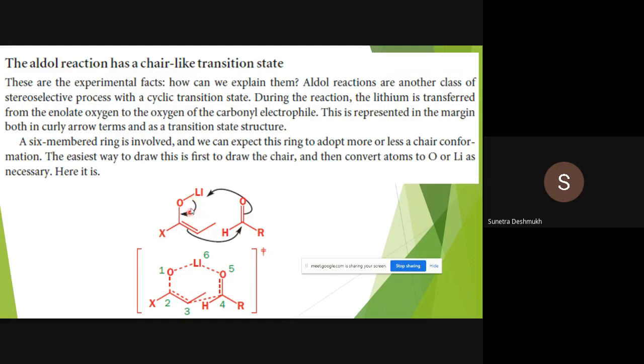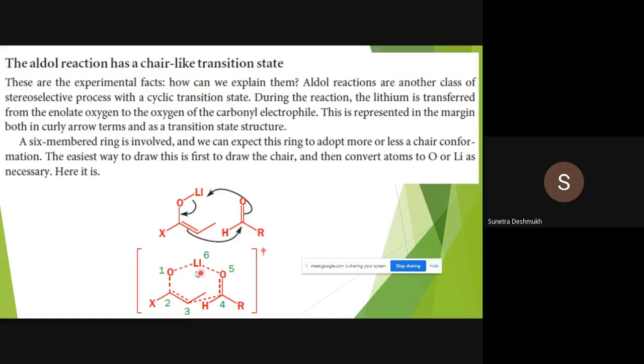So nucleophilic attack occurs. The bond between oxygen and lithium shifts in between the carbonyl group, and this carbon-carbon double bond acts as a nucleophile, attacking the carbonyl carbon of the second molecule of aldehyde. And the lone pair on the carbonyl oxygen again abstracts this lithium metal.